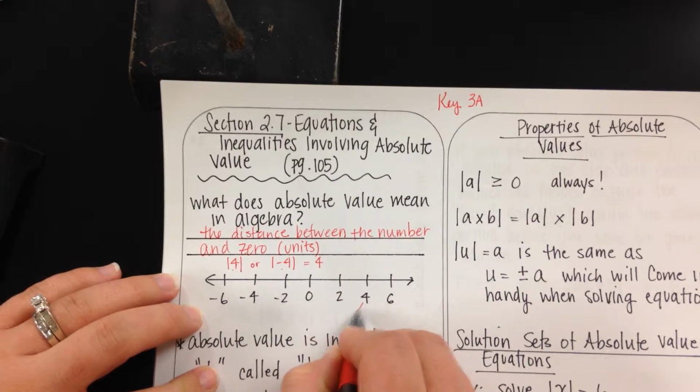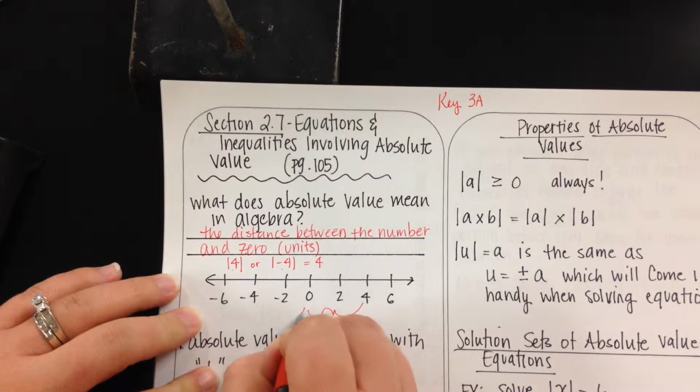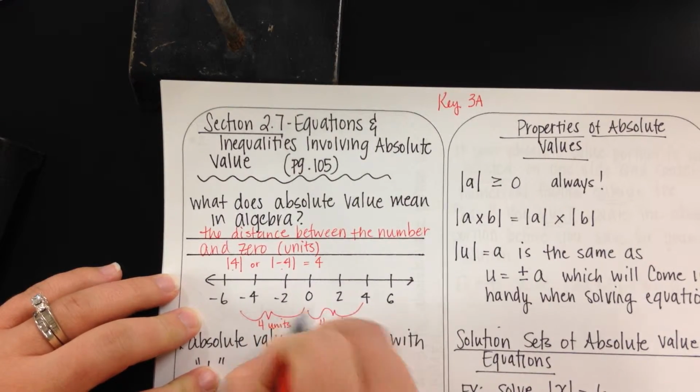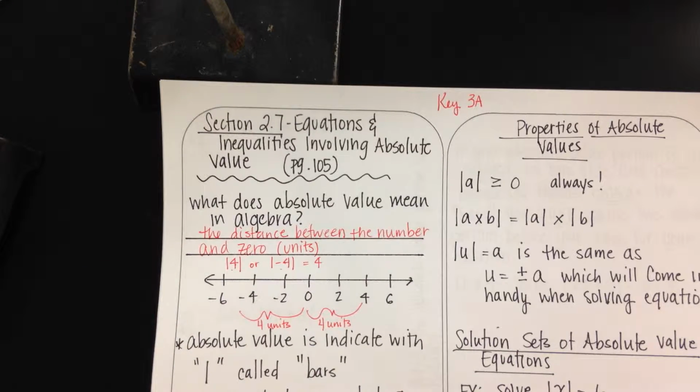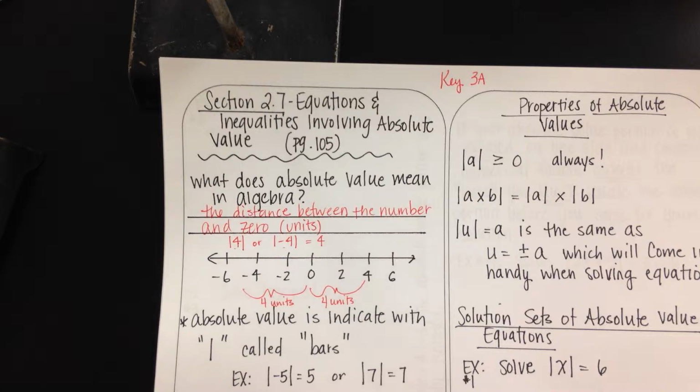So what that would look like on the graph is 4 units in the positive direction, 4 units in the negative direction. Just keep that in mind. When I talk about units, I'm referring to using the number line.